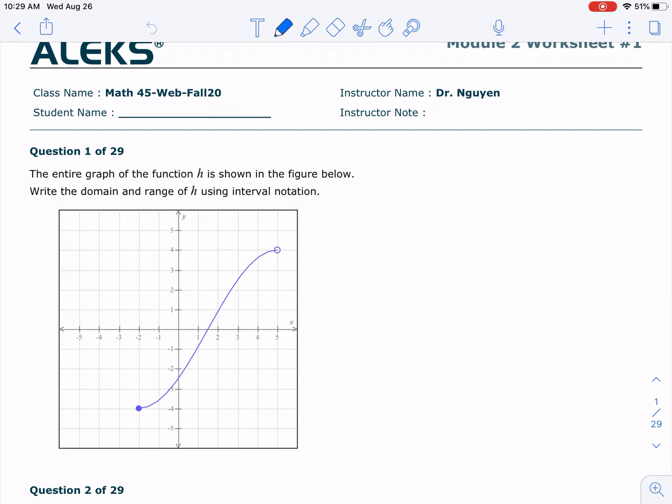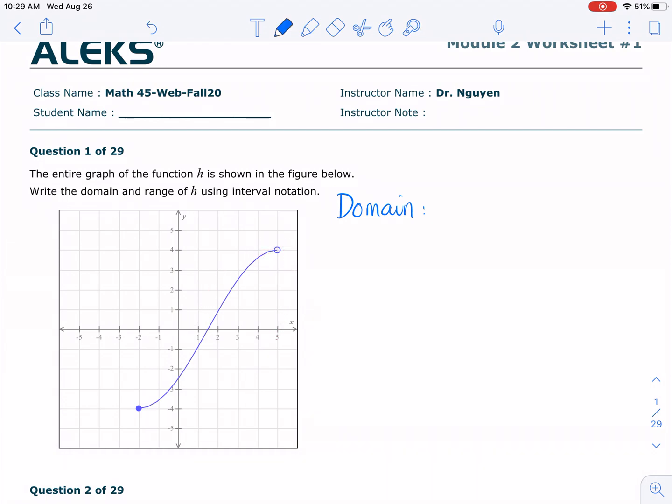Okay, so for this particular problem, you want to write the domain and the range of h. For the domain, like I mentioned earlier, we want to look from left to right. And you see right here, we start at -2 and it's included, and we stop at 5 excluded.